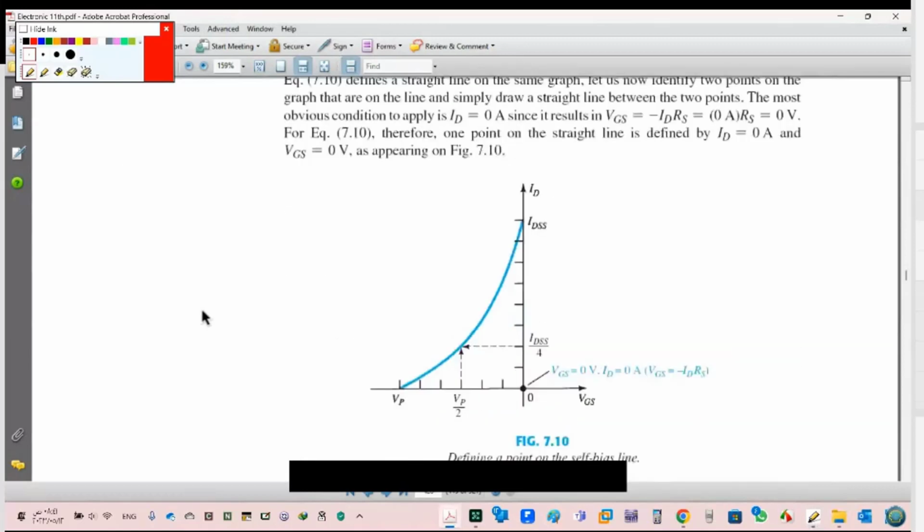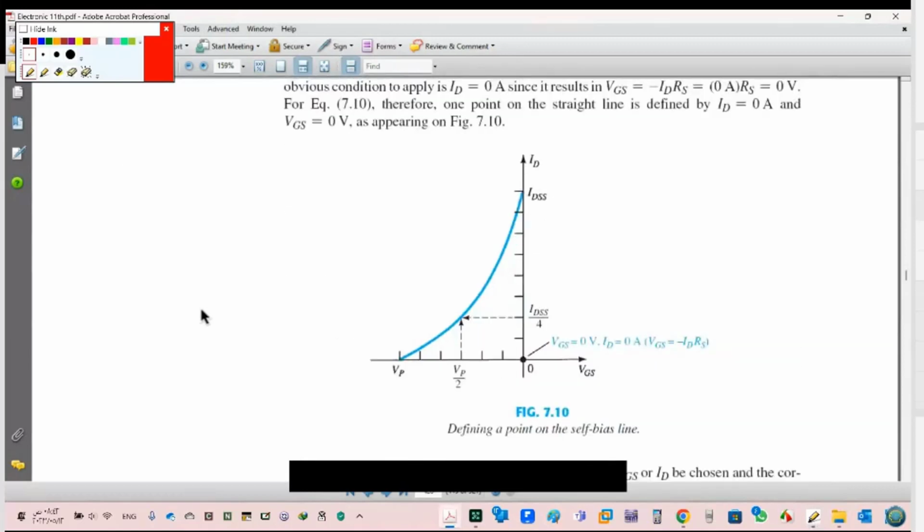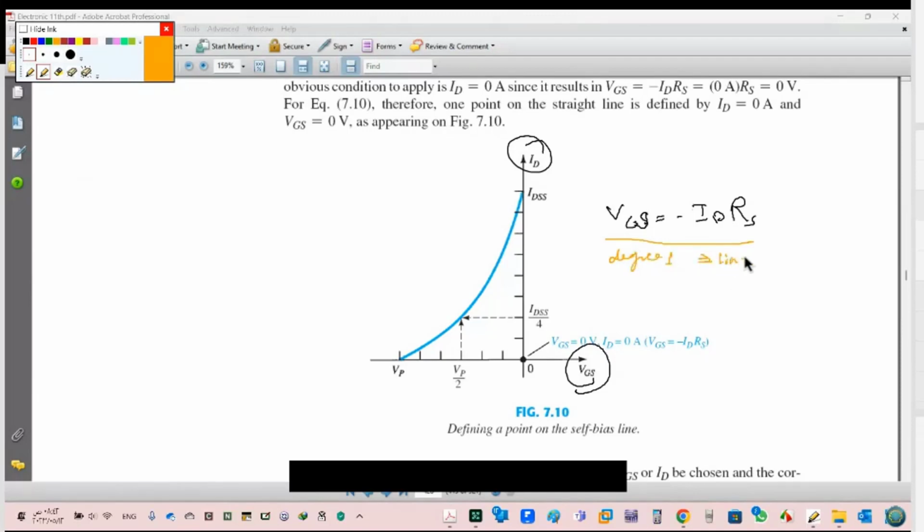I will write here and draw by myself. We found VGS equals minus IDRS. Here we have VGS, we have ID. By the way, this is the equation for a degree 1, that means it is a line. So for this we need 2 points. The first point is 0, 0.